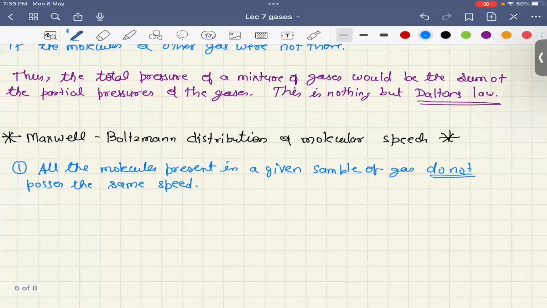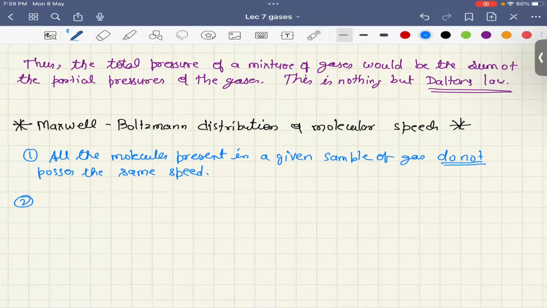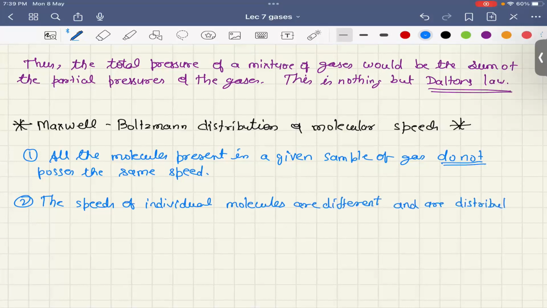So let us write this down. That the speeds of individual molecules are different and are distributed over a wide range.